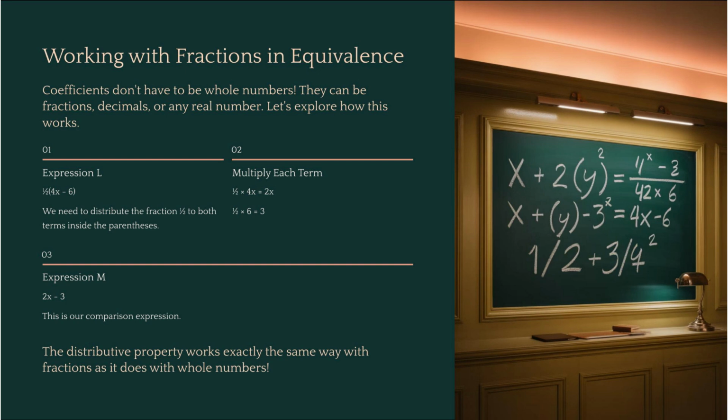The properties of operations work even when the coefficients are fractions. Look at expression L, half times the quantity 4x minus 6, and expression M, 2x minus 3. You need to distribute the half to both terms. Half of 4x is 2x. Half of negative 6 is negative 3. The distributed form of L is 2x minus 3.